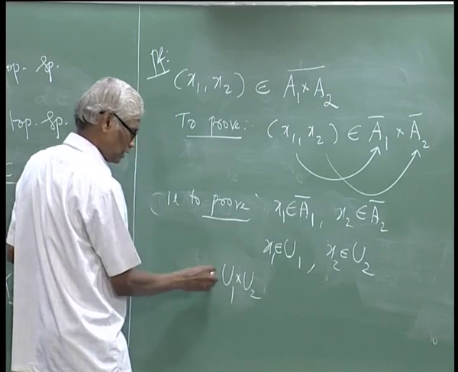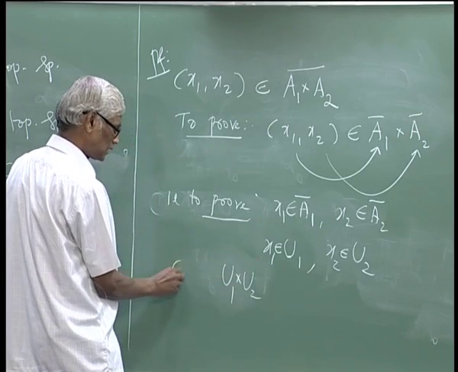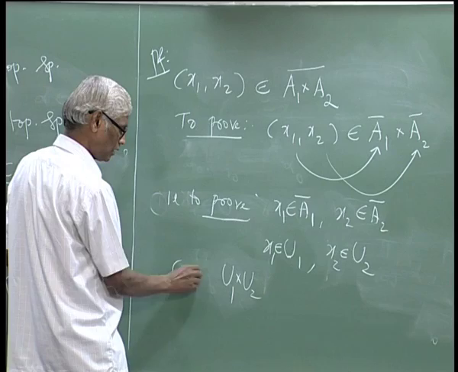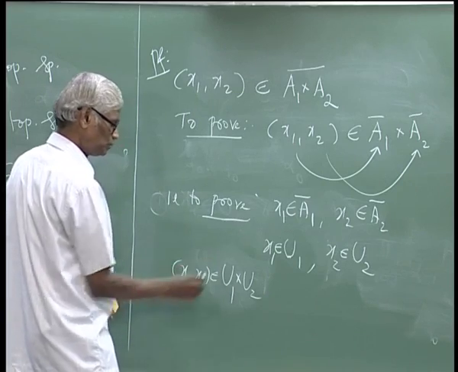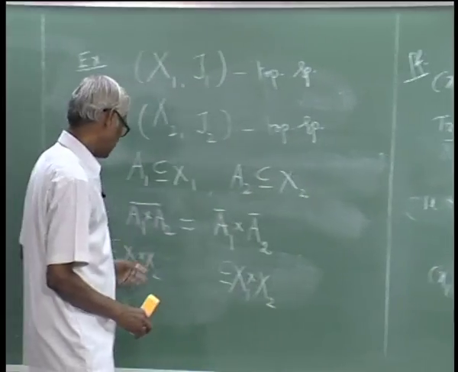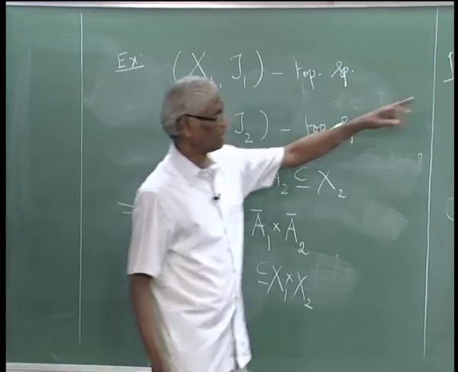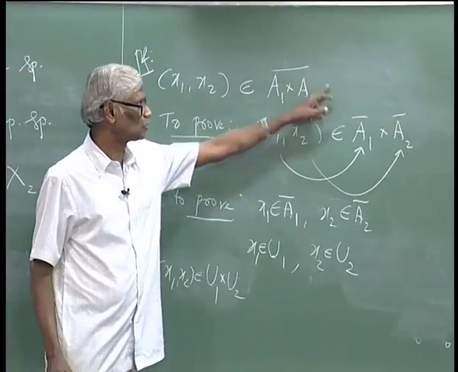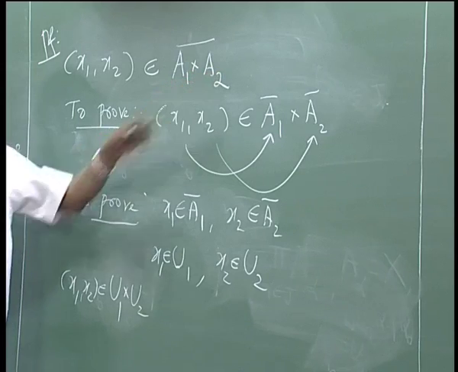Now, this is a basic open set containing the ordered pair (x1, x2). Then we have taken the ordered pair (x1, x2) belonging to the closure of A1 cross A2.